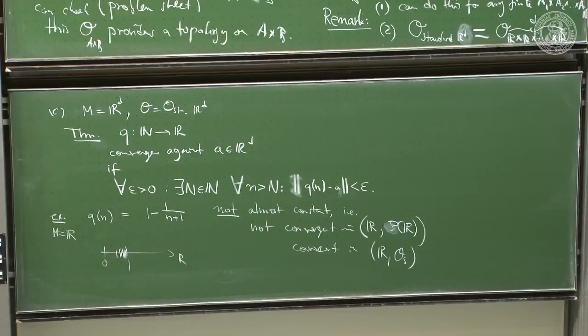You can generalize this for every metric space where you have a metric map: from this metric or distance function, you can construct a topology. But by far, not every topology is induced from a distance map. Okay, so that was the example there.